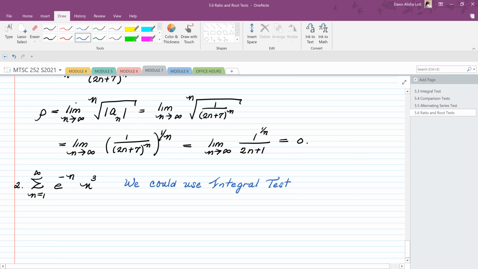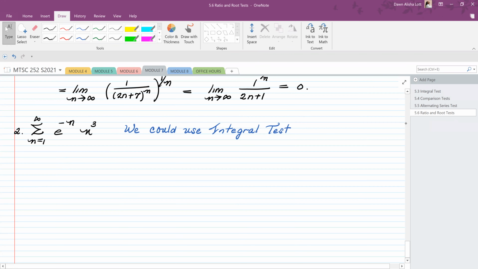That looks to me like integration by parts 3 times. So yeah, that's a bit of work. And since I don't want to spend that much time doing it, I'm going to use the ratio test. I'm sorry, the root test. Actually, you can use the ratio test on this one as well. So I could use the root test, the ratio test, and the integral test.